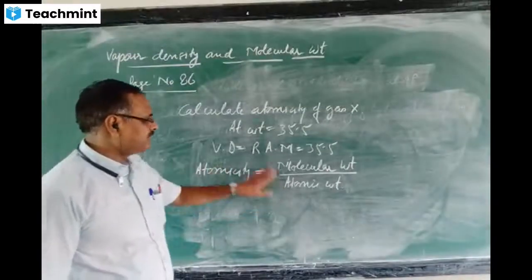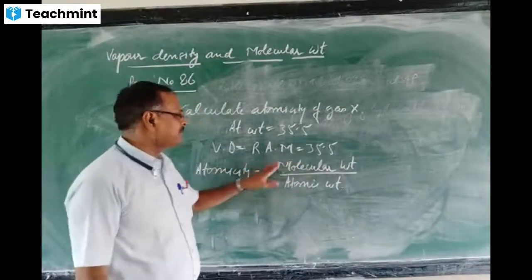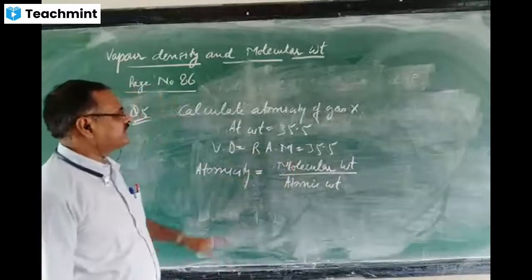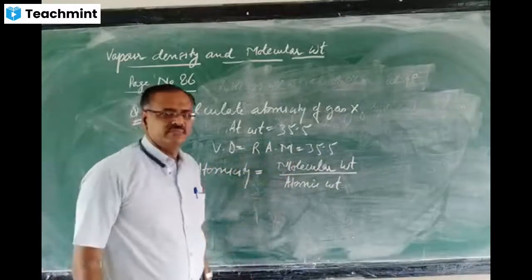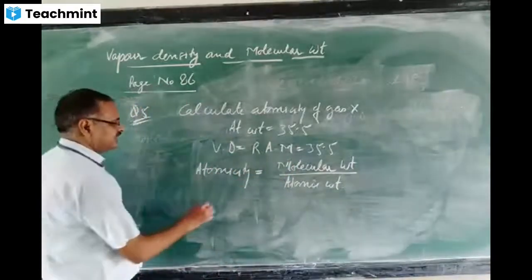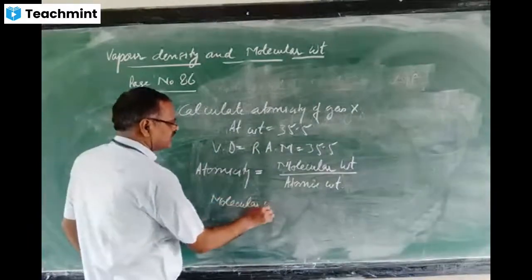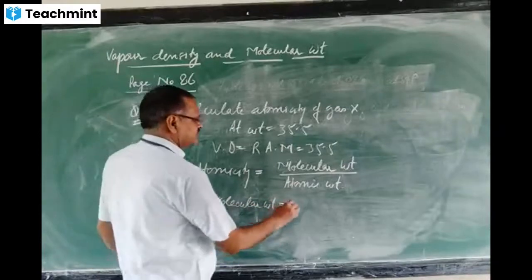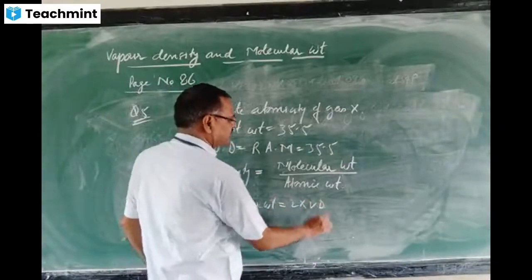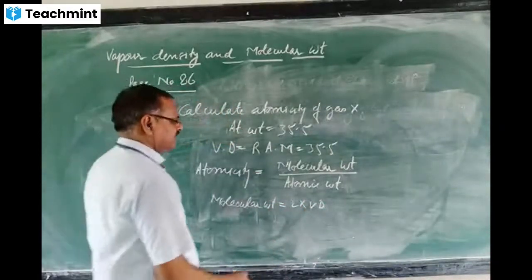Atomic mass is given as 35.5, but the molecular weight is not given; the vapor density is given. So you can apply the formula that molecular weight is equal to 2 into vapor density.